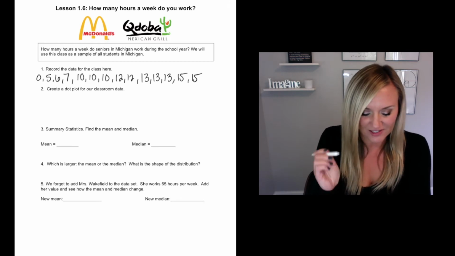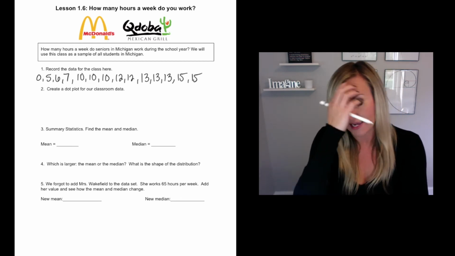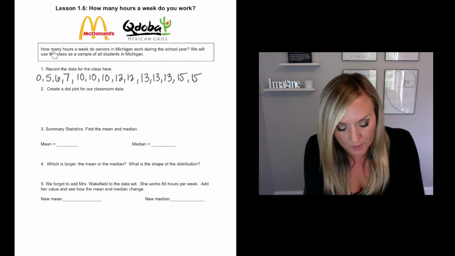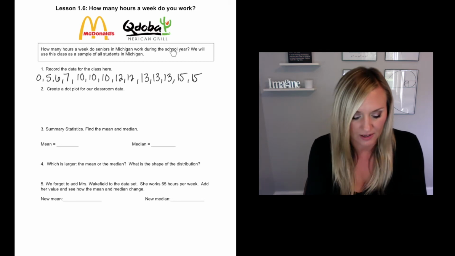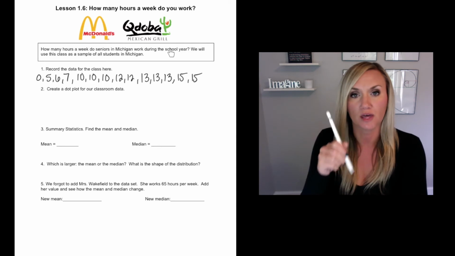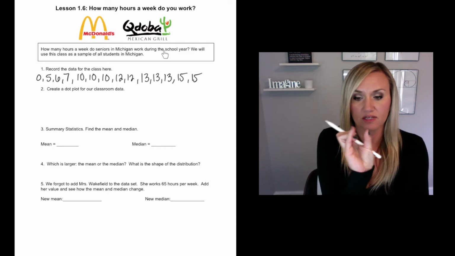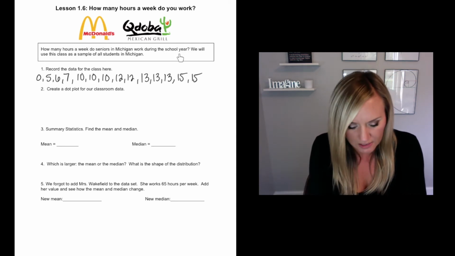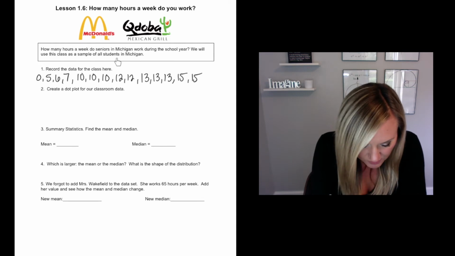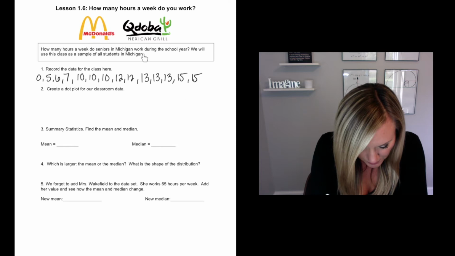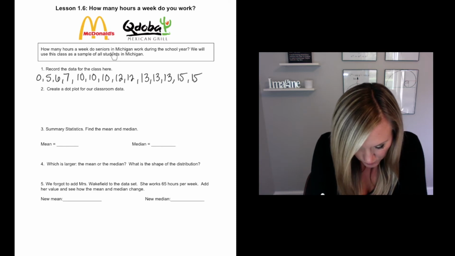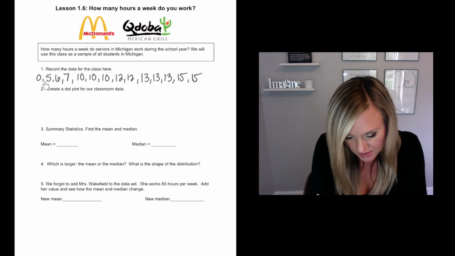Okay, let's go ahead and create a dot plot of our data. Very important with your dot plot is that when we're working with our scale, it's evenly spaced between each number. I'm going to do my best. So 0, then you have 1, 2, 3, 4, 5, 6, 7.